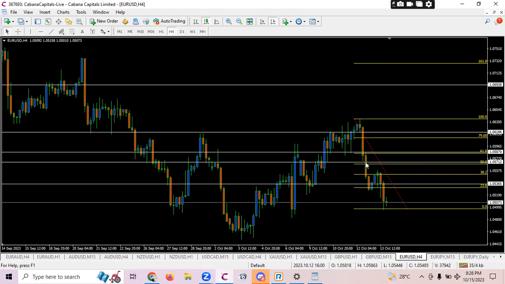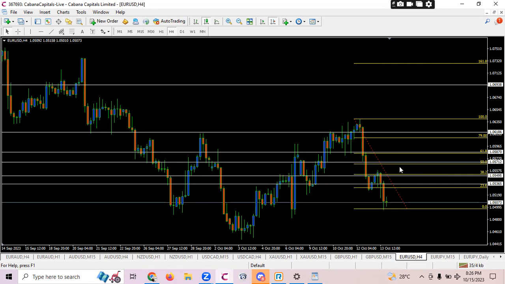You can see the same pattern. So this one is below, this one is at discount, so this is not valid. This fair value gap is not as valid as the one above the 50 level. So I think we should wait for price to pull back into this fair value gap before we consider selling.